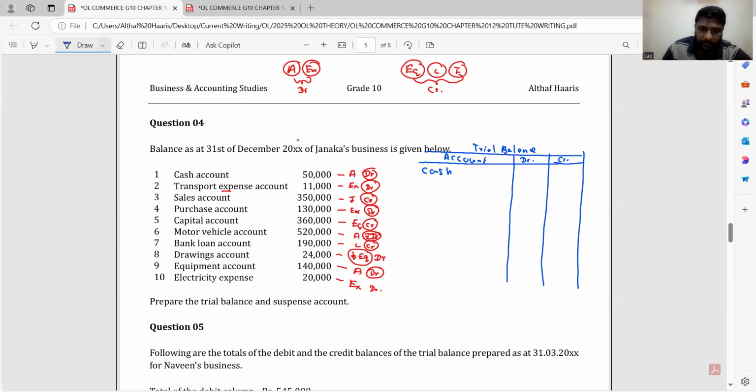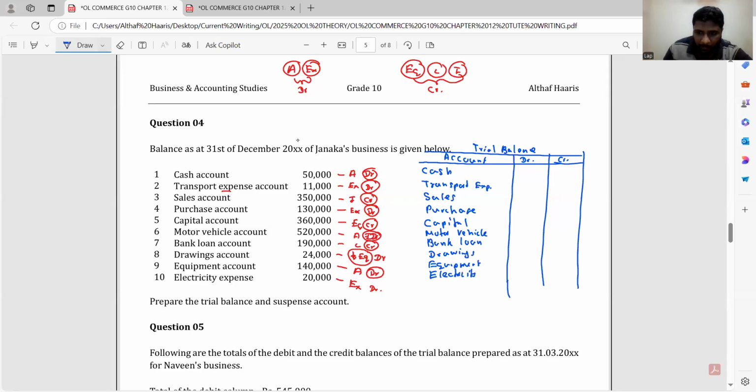Cash, transport expense, sales, purchase, capital, motor vehicle, bank loan, drawings, equipment, electricity.